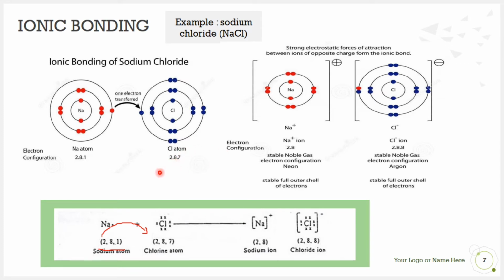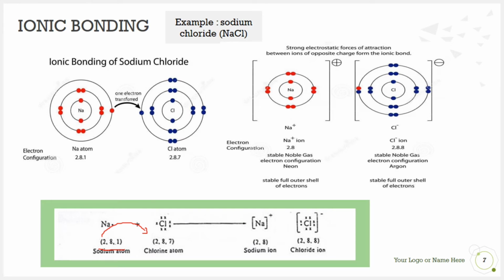To become more stable, sodium needs to donate 1 valence electron to chlorine and form a sodium ion, while chlorine will accept 1 valence electron from sodium and form a chloride ion, and their electron configurations will change.